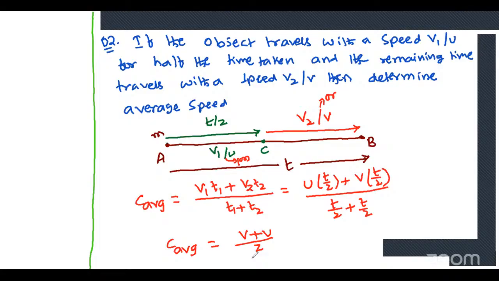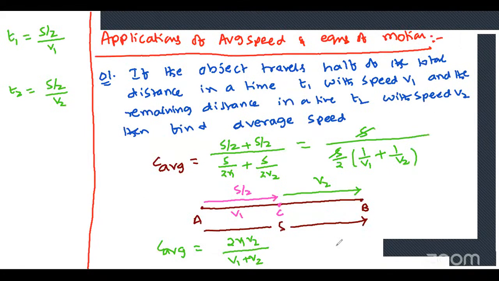So whenever the object travels in equal time intervals, average speed is V plus U by 2. If it travels equal distance, it is 2 V1 V2 by V1 plus V2.